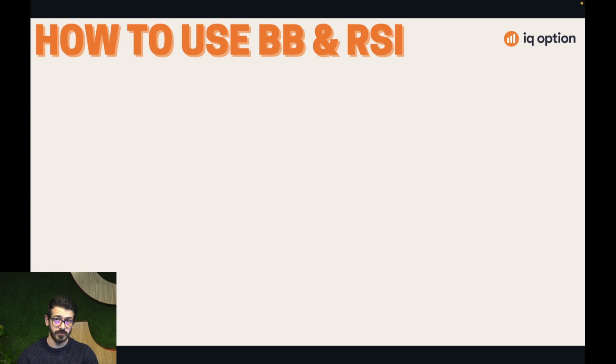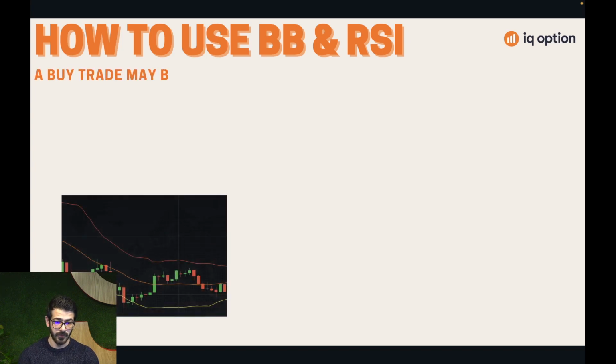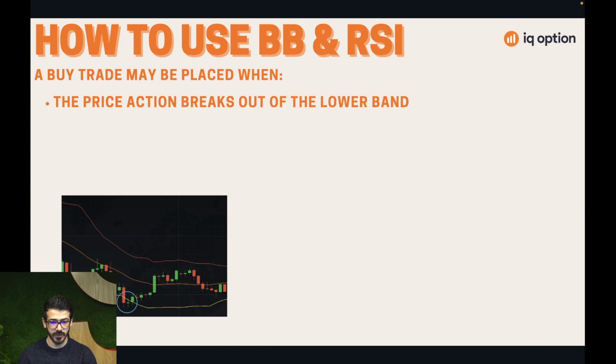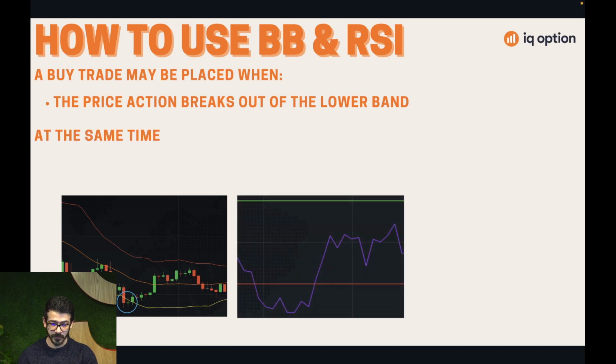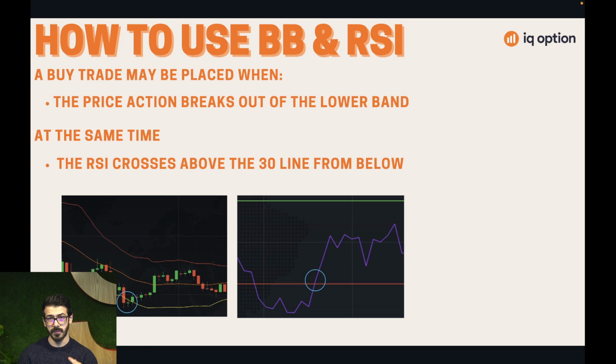How to use the Bollinger Bands and RSI? Now, a buy trade may be placed when, as we can see here, the price action breaks out of the lower band. You can see it circled down below. And at the same time, we've got the RSI. It crossed from below the 30, it was already below the 30, giving you the signal that it is already oversold.